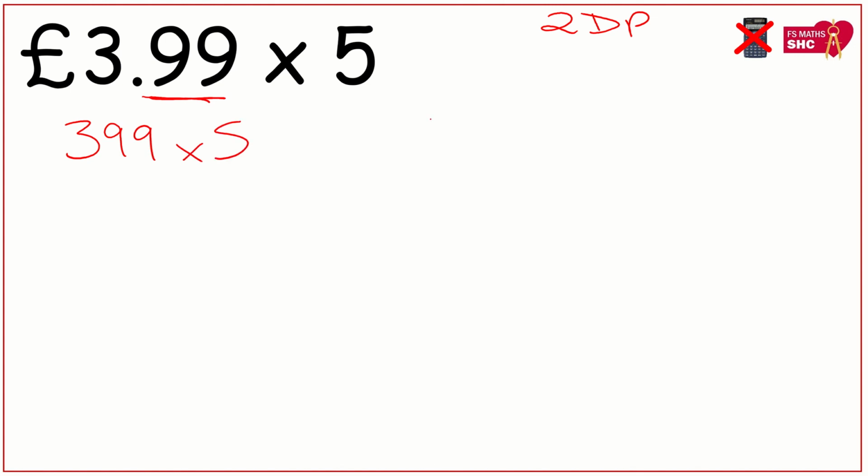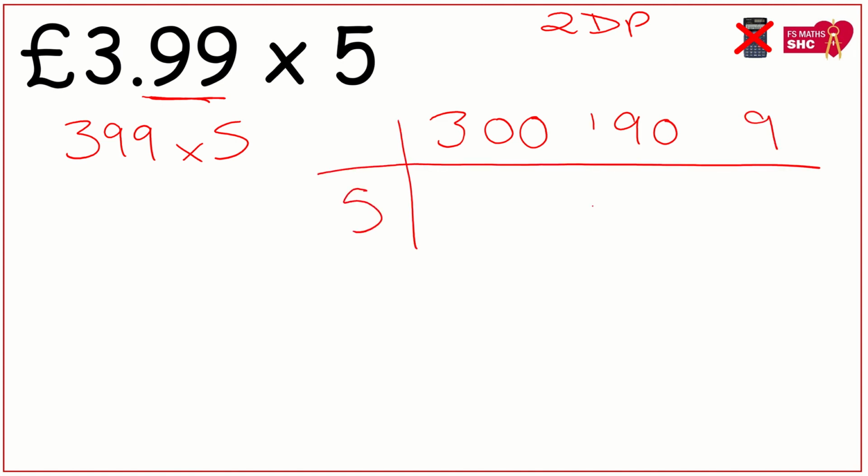I'm going to do my grid. 399, 5. It's actually less numbers to do on this one. So 5 times 300, or if you're not confident with that, do 3 times 5, which is 15. Add the 2 zeros on. Then I'm going to do 5 times 90. Let me start with the 5 times 9, which is 45.